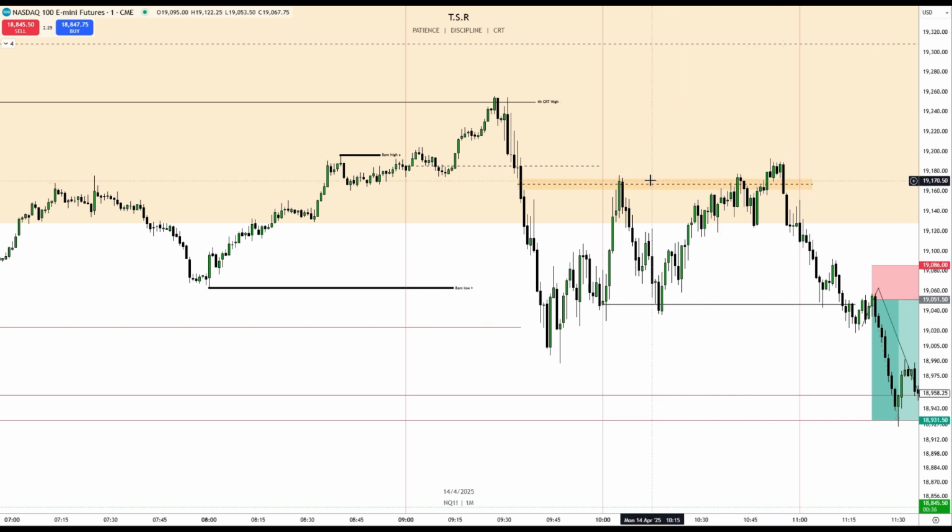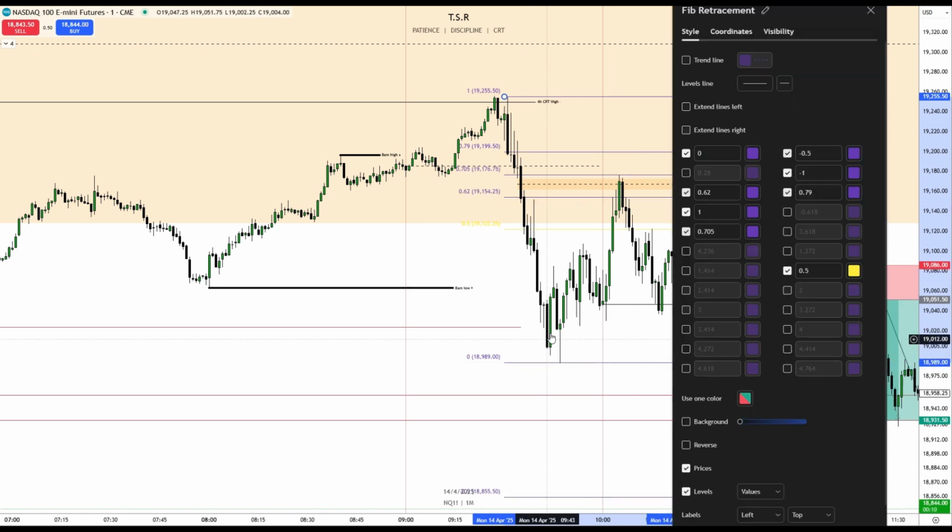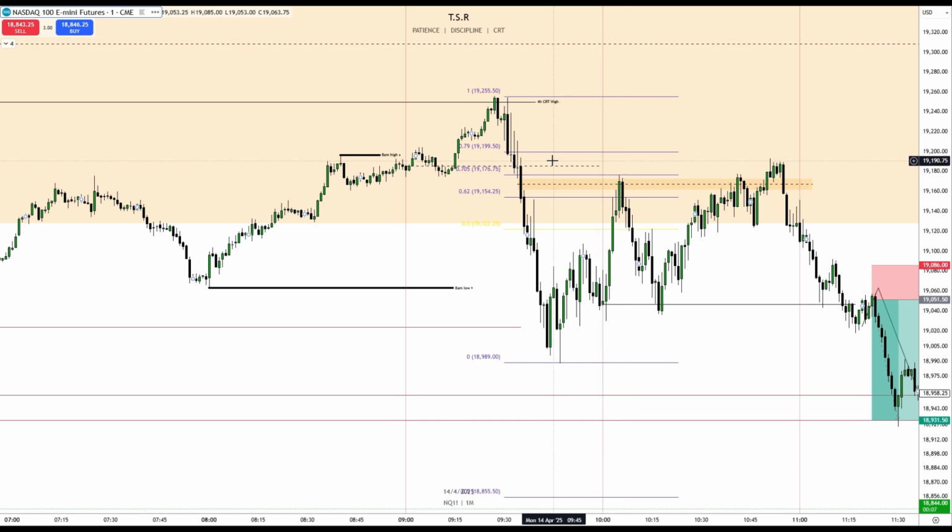Price retraced further, targeting this 15-minute high, and that would have formed the 15-minute CRT, targeting the 15-minute CRT low. We take out that CRT high up here, forming an OTE retracement. If we take the Fibonacci high to low, you notice we fall right into that 0.705 to 0.79 region and then completely reverse to the downside.